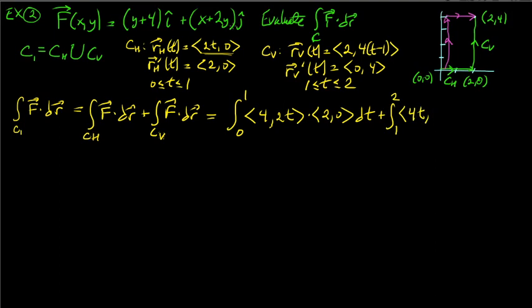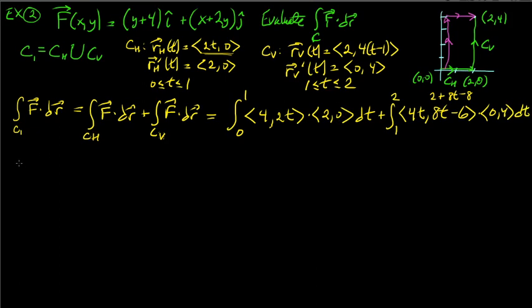And then x plus 2y will be 2 plus 2 times 4 times t minus 1. So that's 2 plus 8 times t minus 1, which is 8t minus 8. So it looks like we get 8 times t minus 6, right? And then the dot product with 0, 4 dt. I think I just made it, right?